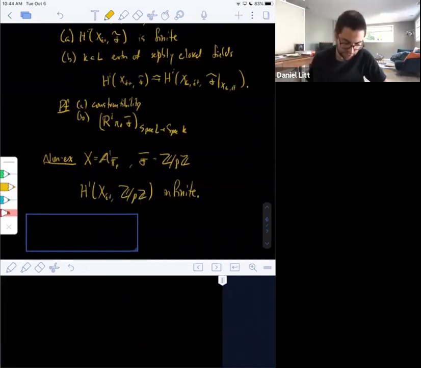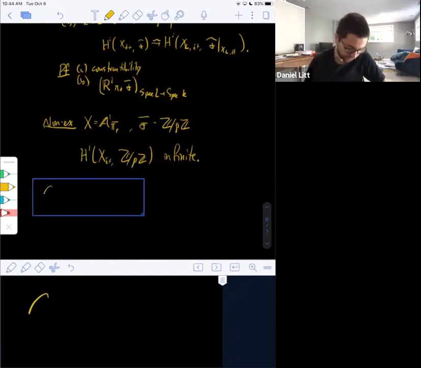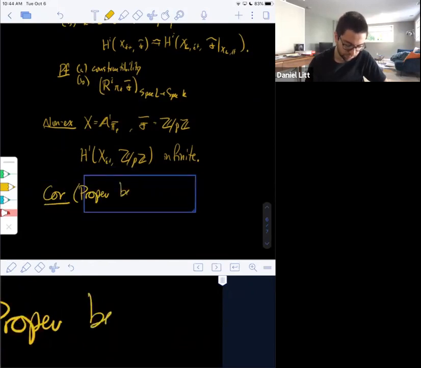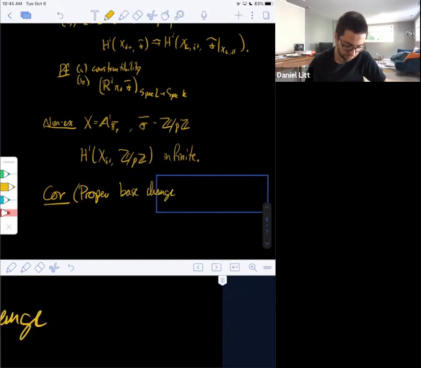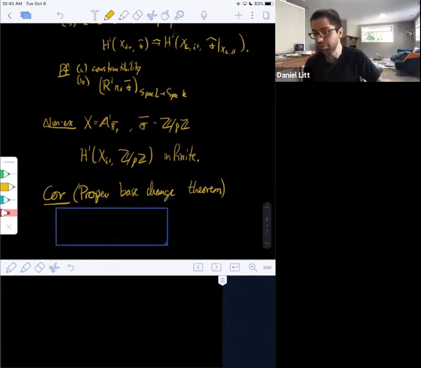Okay, so now let me state what people often state as the proper base change theorem. This is a corollary of the theorem above. Yeah, so what's the statement?